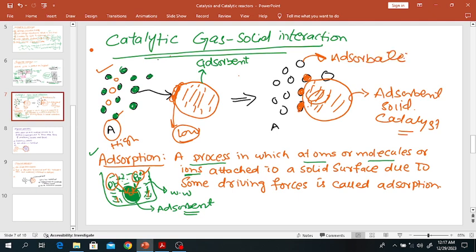So a process in which the adsorbate attaches to a solid surface due to some driving force is called the adsorption process. So this is the adsorbent and these are the molecules. The driving force can be the concentration gradient. Here in the liquid case, it is usually the concentration gradient.